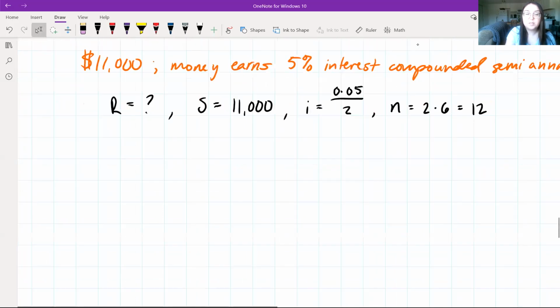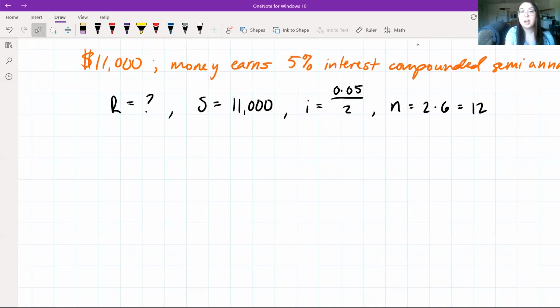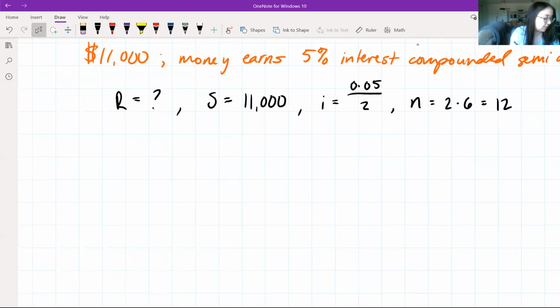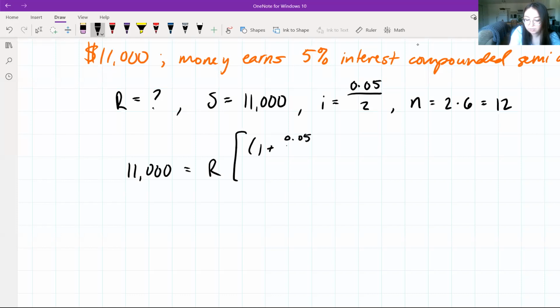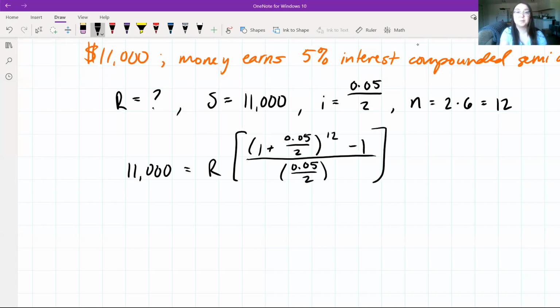Now we want to solve this using the same equation that we had before, but now we're solving for R instead of S. So on our equation here, we're going to say $11,000 is equal to R times 1 plus 0.05 divided by 2 raised to the 12th power minus 1, and this is all divided by 0.05 divided by 2.